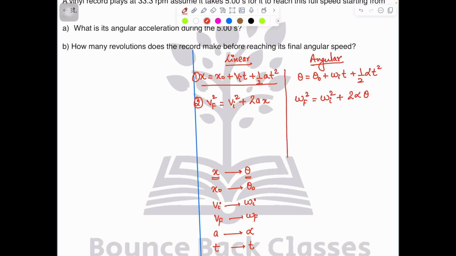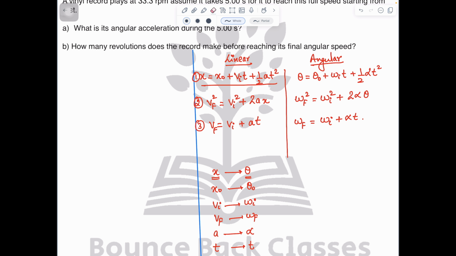Easy. Third equation: v f equals v i plus at. How can you solve the third equation? Omega f equals omega i plus alpha t. Till here clear? First, understand that these are the kinematic equations.